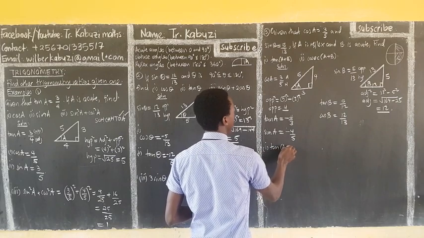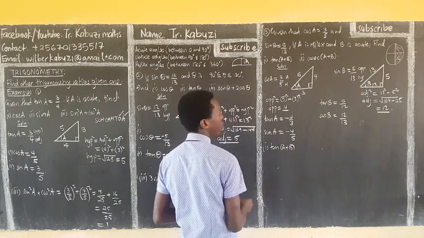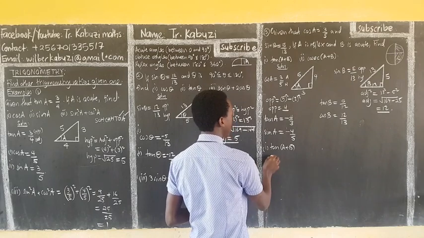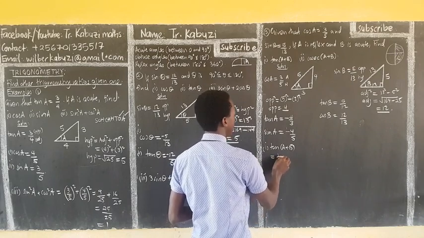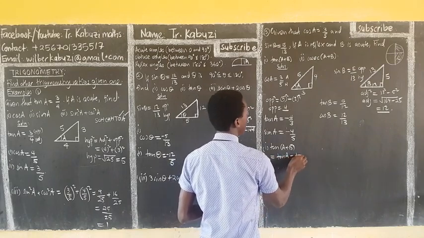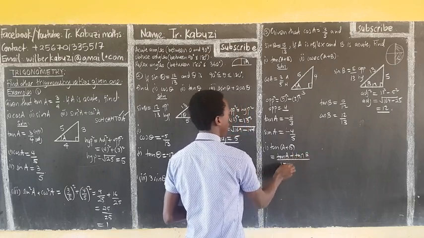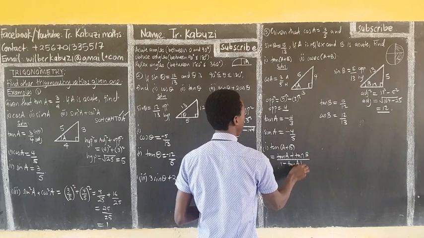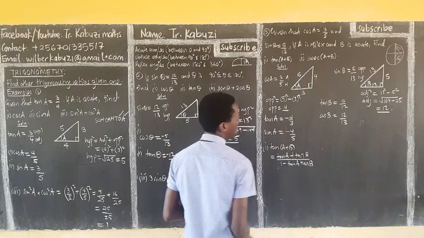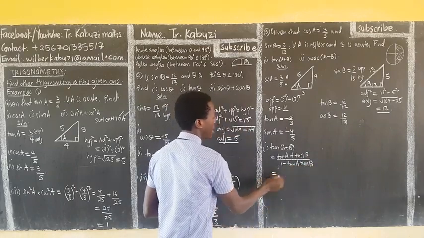Okay, now I come to problem number 1, tan of A plus B. You know how to expand this in trig. This is the same as tan A plus tan B over 1 minus tan A tan B. That's how we handle it in trig.